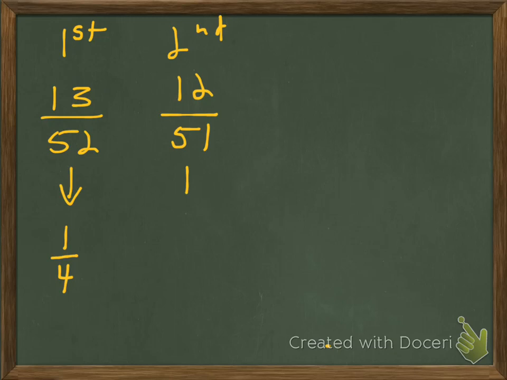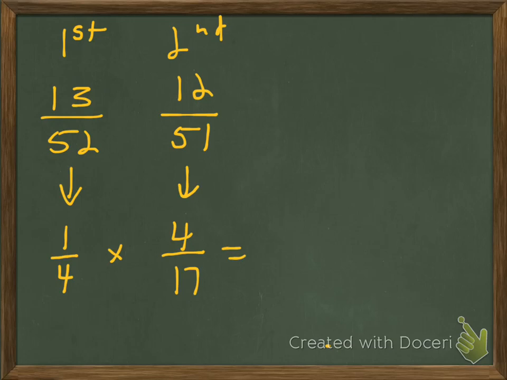It can be reduced by 3. What's 12 divided by 3? 4. 51 divided by 3? 17.